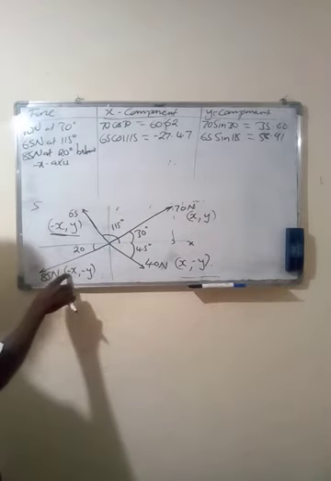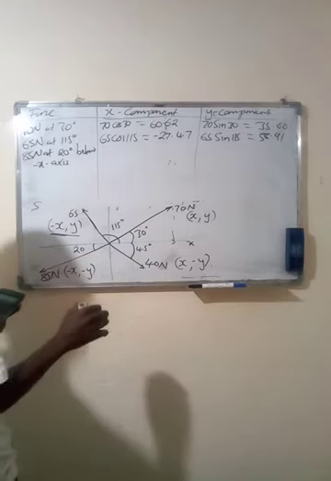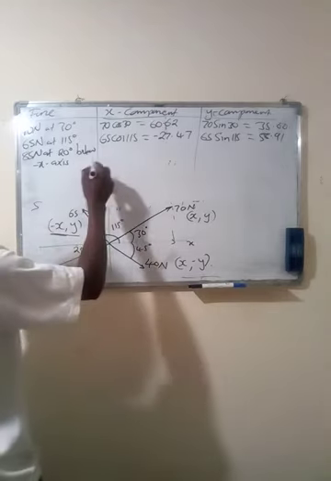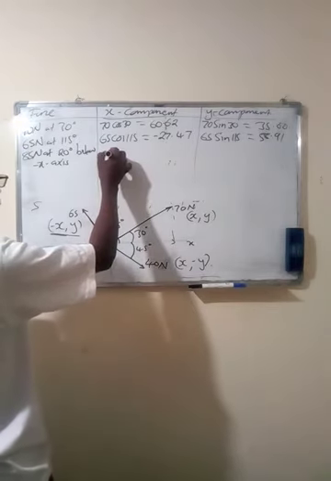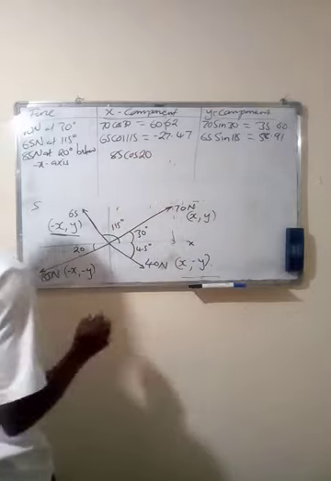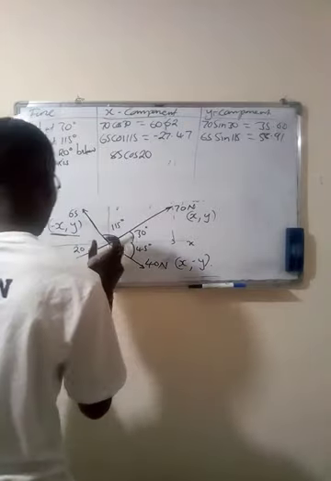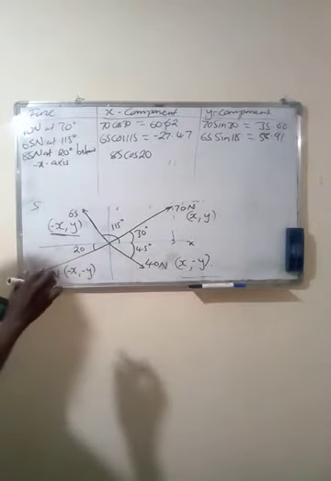Here we're going to have 85 cos 20, but if we work it out just like that, it is going to come out positive.